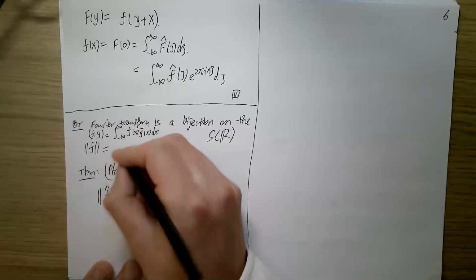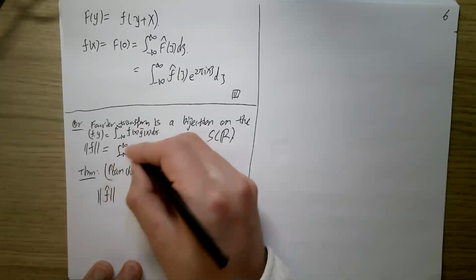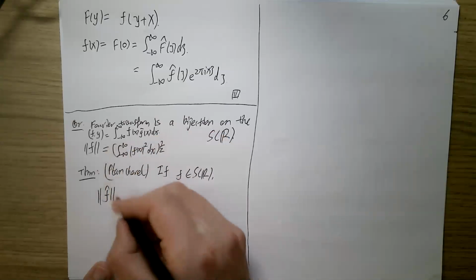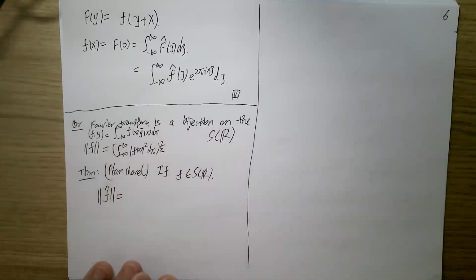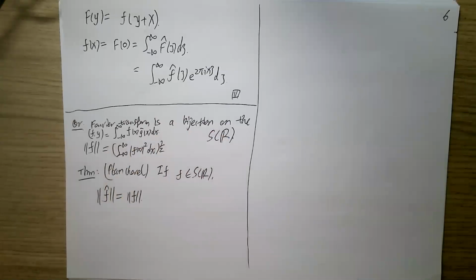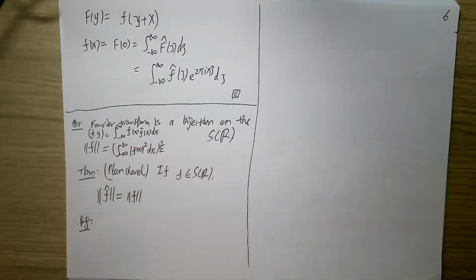Then the norm, as usual, is the square root of the inner product of f with f. Then the norm of your function is equal to the norm of the Fourier transform of your function on the Schwartz space. Okay? And the proof is quite easy. You just need to make sure that you write everything carefully.